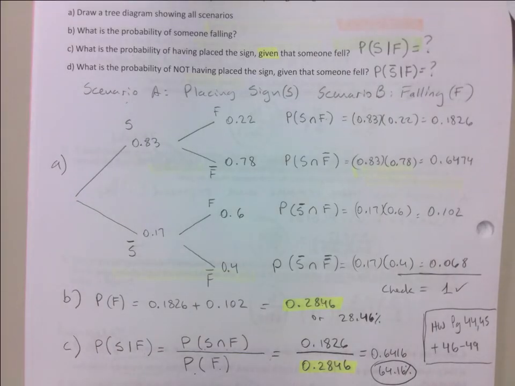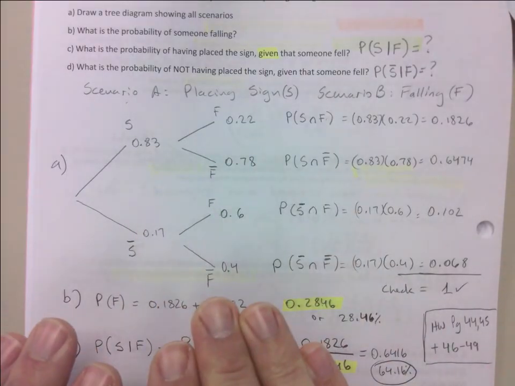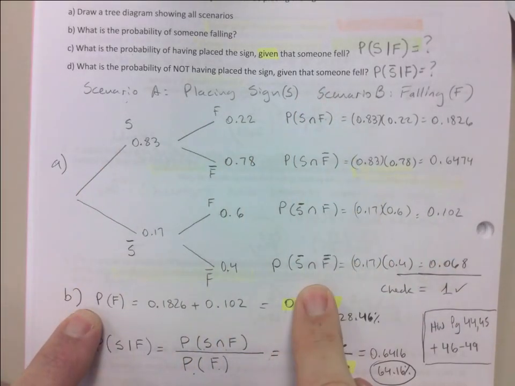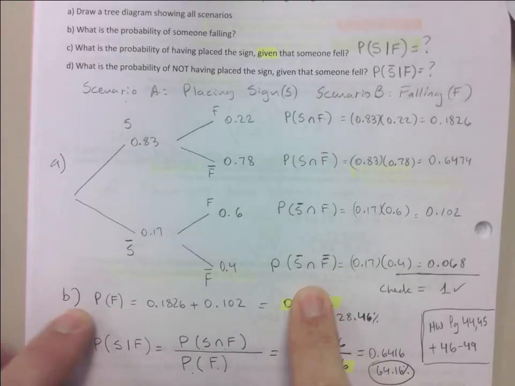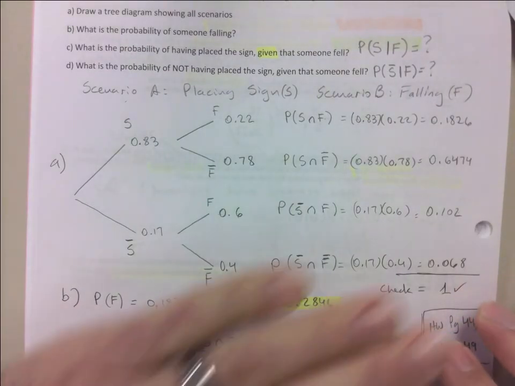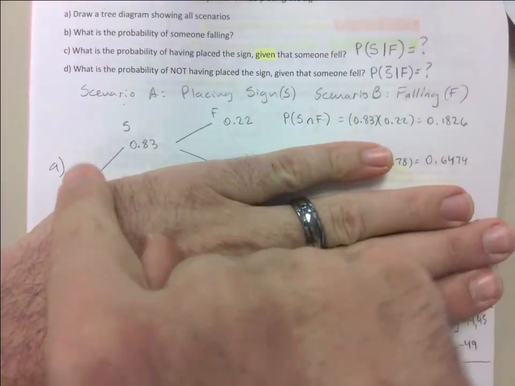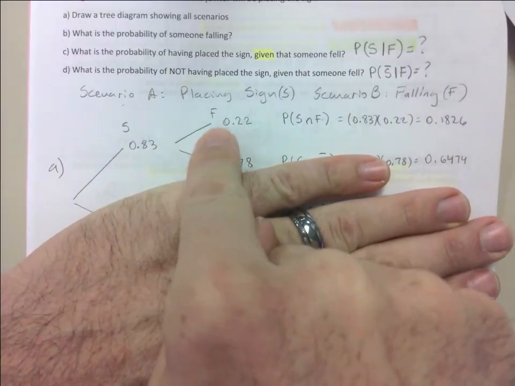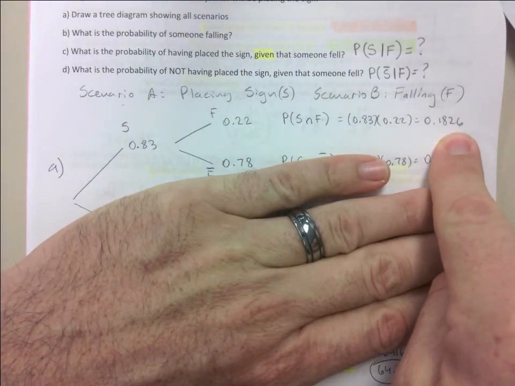And then solve. By the way, what are tree diagrams for? Tree diagrams are for you to see all possible scenarios. Up until this point, I may have asked you to just figure out what's the probability of putting the sign up and falling, and you would have just done this times this, and then you get your answer, right? This tree diagram shows you everything.